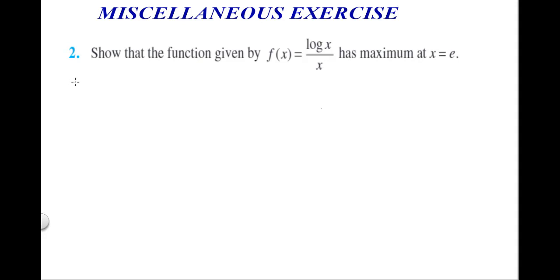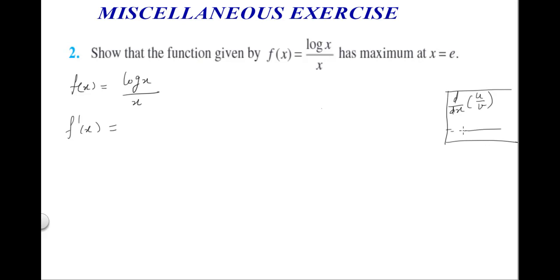First of all, we write f of x is equal to log x upon x. We will differentiate it using the quotient rule. We will get f dash x equals, to remind you the quotient rule, I am writing the formula here. If we have d by dx of u upon v, we differentiate it like this: square of v in the denominator, then v as it is times differentiation of u, minus u as it is times differentiation of v.